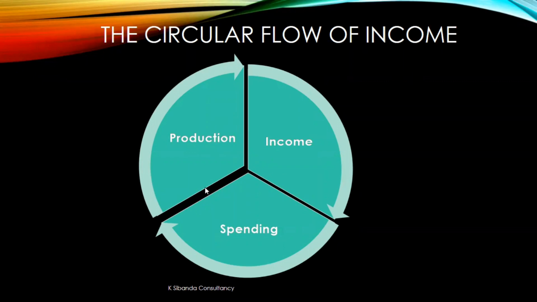So these three flows of income become very, very important in an economy. And it shows us that these markets are highly interlinked. For an economy to be healthy, we must make sure that these markets remain interlinked, remain joined, remain feeding each other.